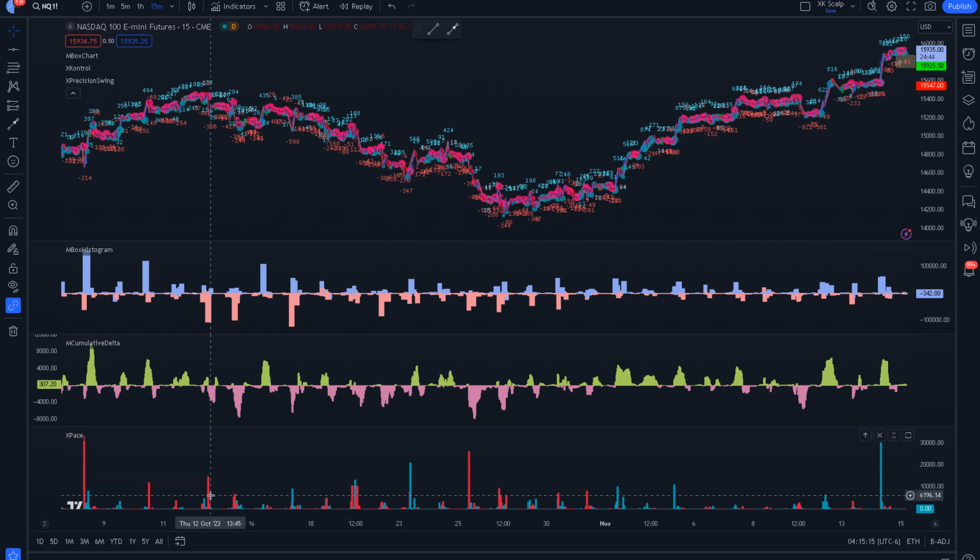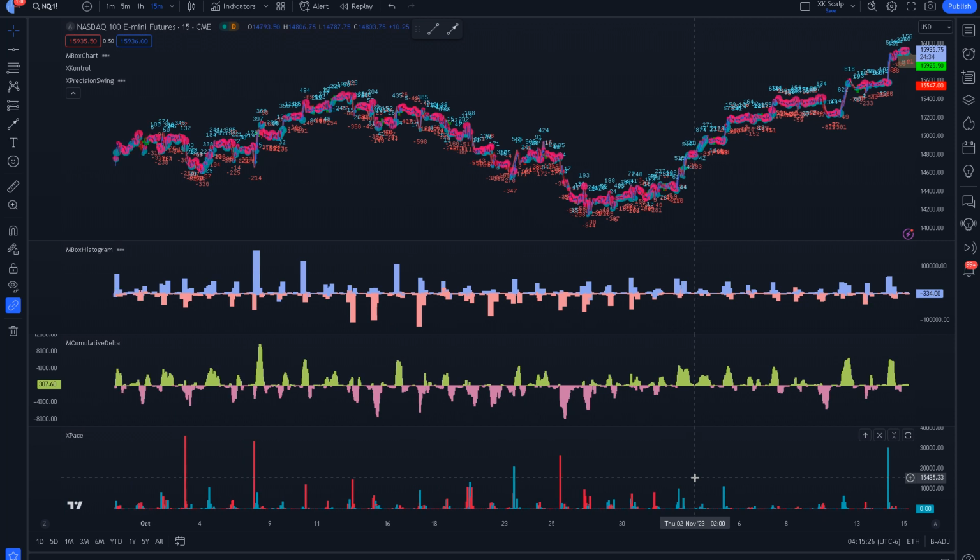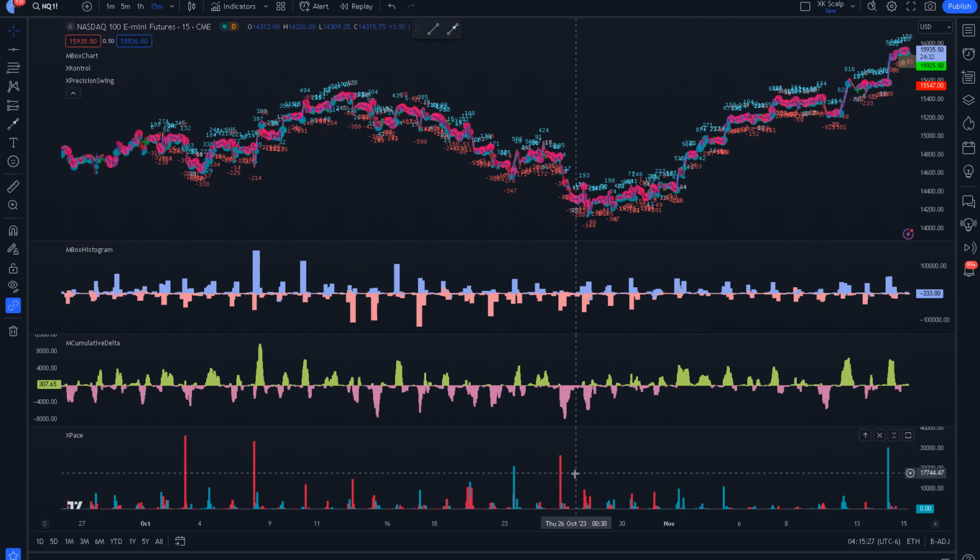So here, Nasdaq is very volatile, so we're getting a lot more spikes. You can decide what's worthwhile. There's a lot of these smaller spikes. Maybe we're not interested in those. Maybe we want something more. We want the substantial spikes, right?